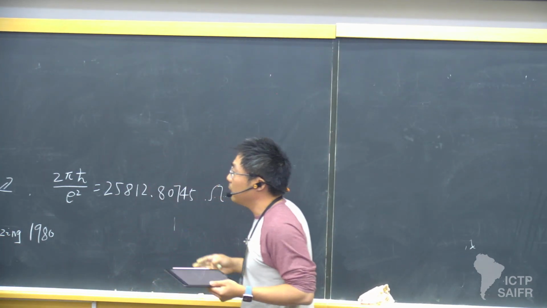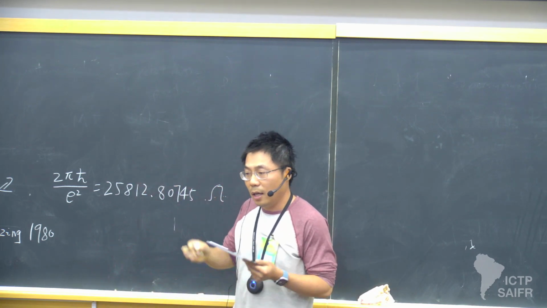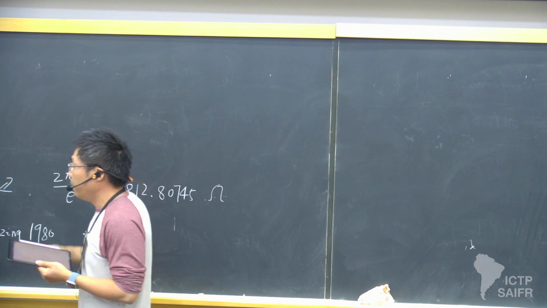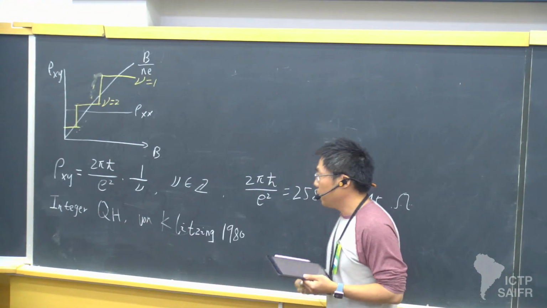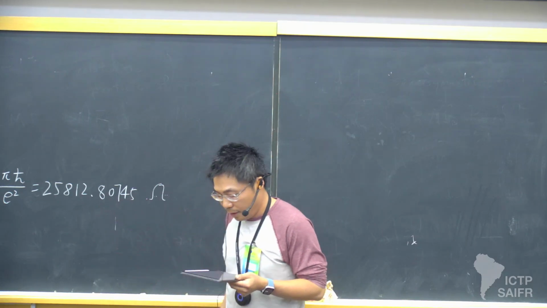Here, it's a phenomenon that comes out of many electrons in the system, and the quantity you can measure is also a macroscopic quantity. It's this resistance written here.